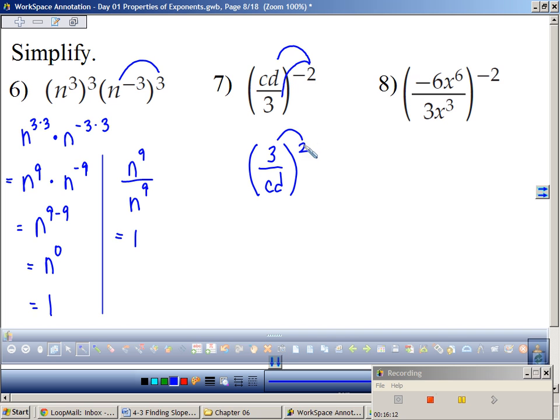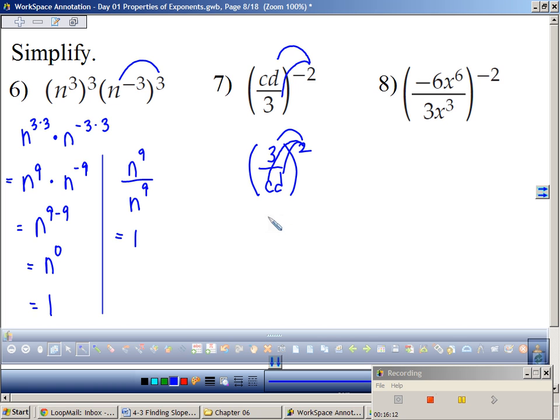And then apply my exponent, which is my favorite way to do it. I'd much rather just get rid of the negative exponent right from the very beginning. So, yes, thank you. I guess I should say everything in the denominator.